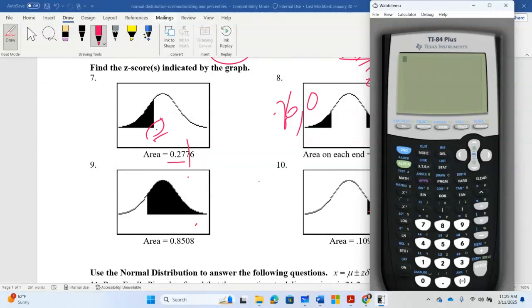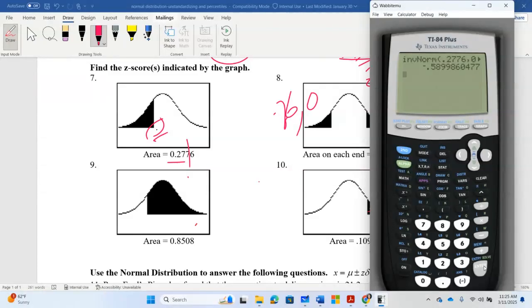I'm going to clear, then second distribution, inverse norm, number 3, put that number in my calculator, 0.2776. The mean of a normal distribution is 0, standard deviation is 1, and I'm going to calculate.